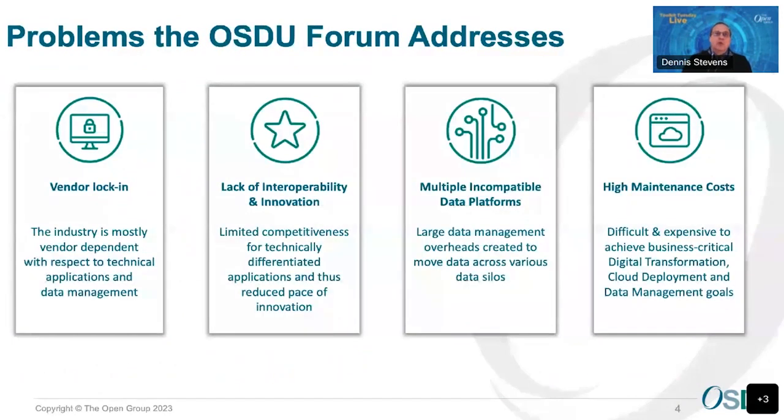But what are the specific problems that the OSDU Forum is addressing? And what are those business problems? They're primarily focused on these four. One, to be able to drastically reduce or eliminate what's called vendor lock-in. And vendor lock-in is when you have standards or software applications that are unique to a specific vendor, and it causes the user of that software a tremendous amount of cost to change.